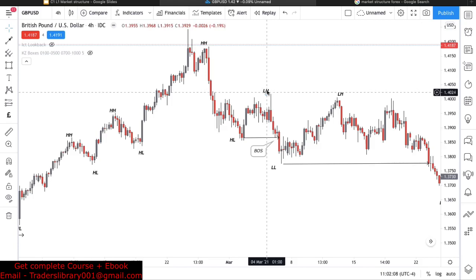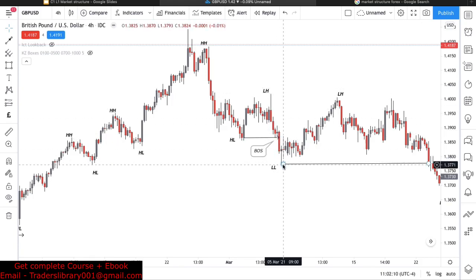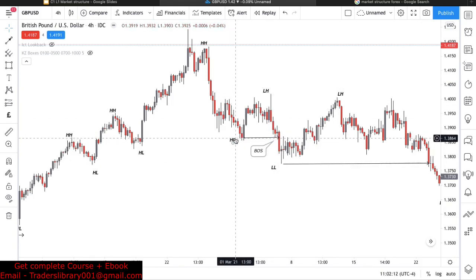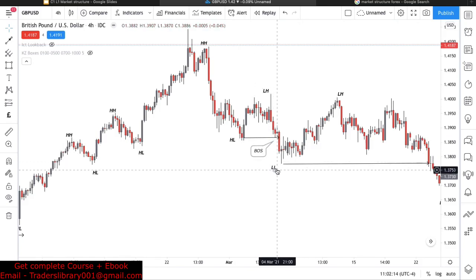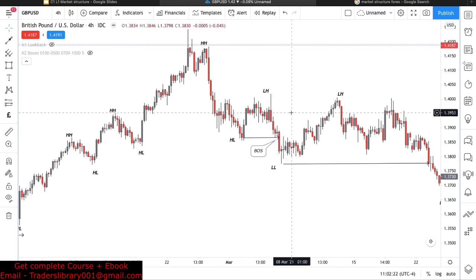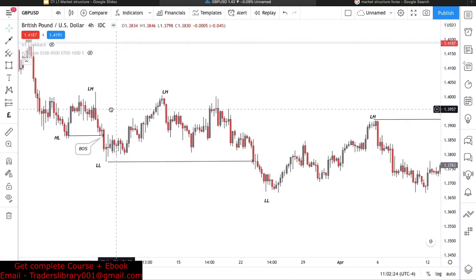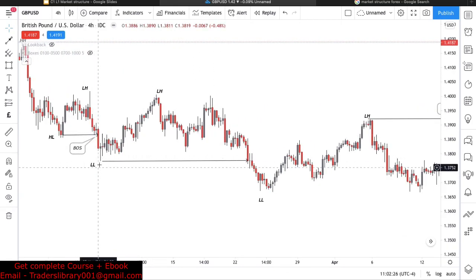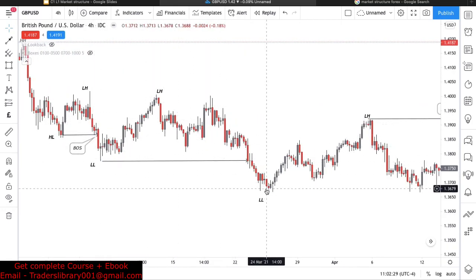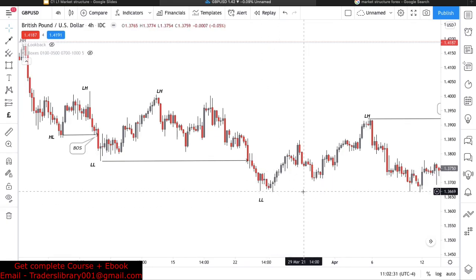And then the move after this lower high closes below that recent higher low. This therefore now prints a lower low. Now once we identify this break of structure, we now know that the market wants to shift direction. And as we can see here, once we got that break of structure, market shifts its direction over to the downside.